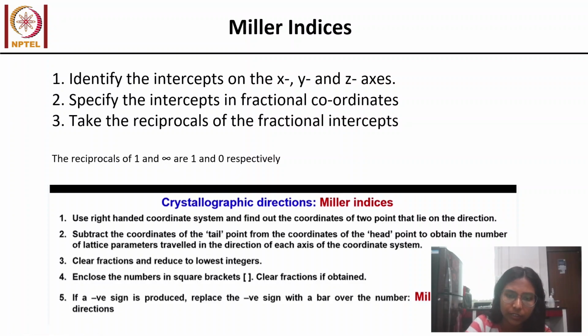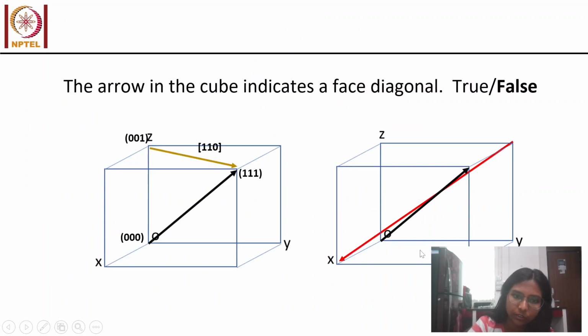We also have Miller indices for crystallographic directions, for which we have to subtract the tail from the head. We have learned all this. We have also gone through this slide, where we found that this is a body diagonal, this is a face diagonal, and also the coordinates.